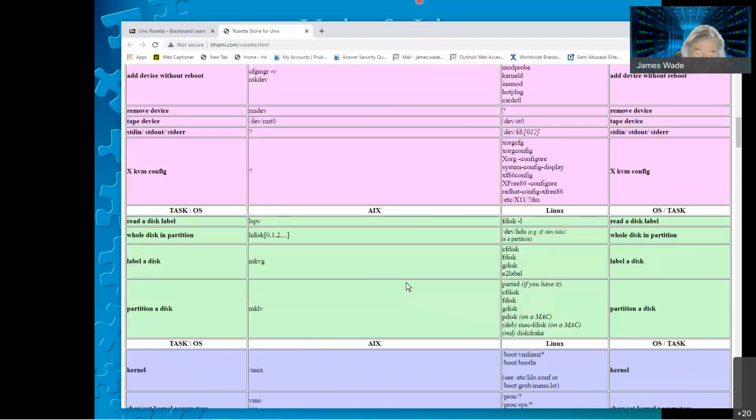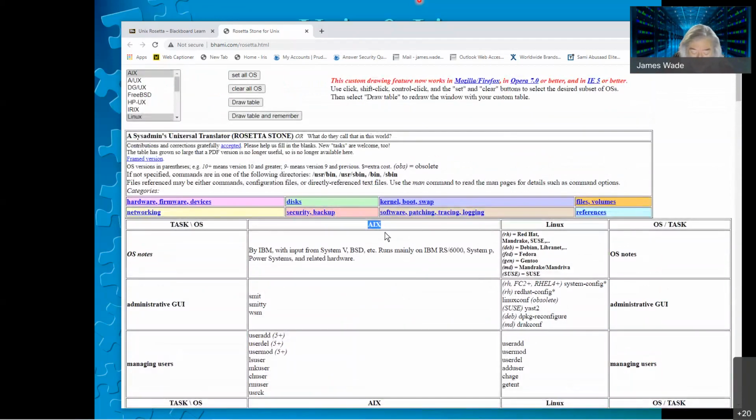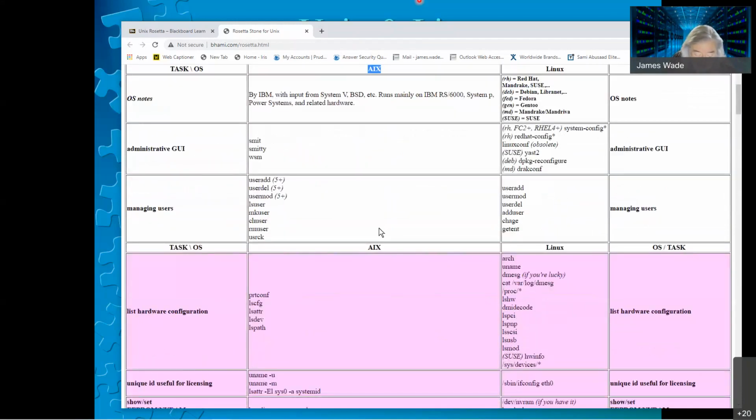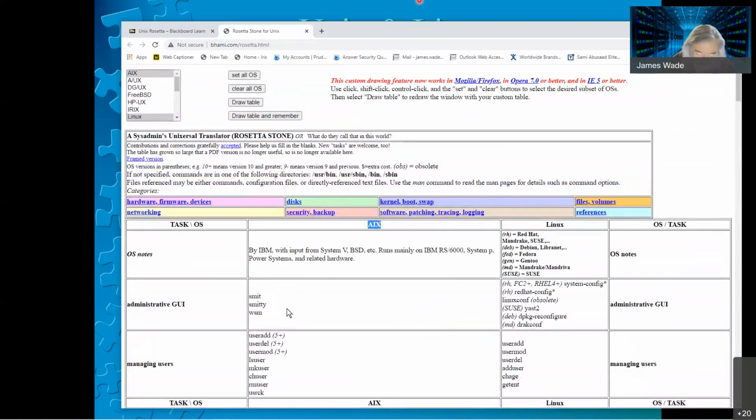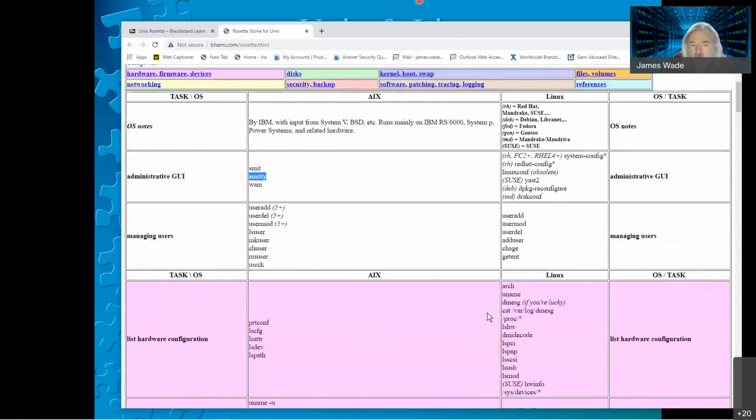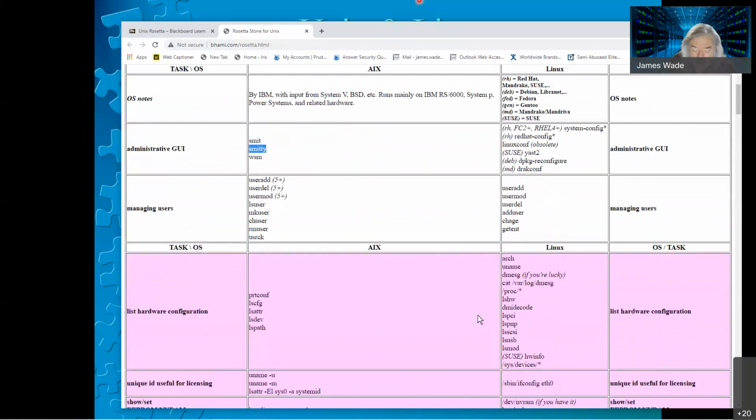So if they said, have you worked with AIX? I have, but it's been a while. They may ask, what's the administrative GUI for AIX? Oh, it's SMIT. Okay, there we go. What if I want to add a user? Well, useradd works on both of them.